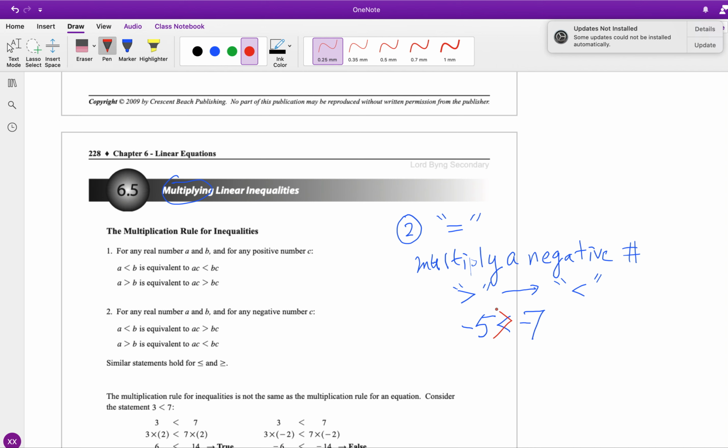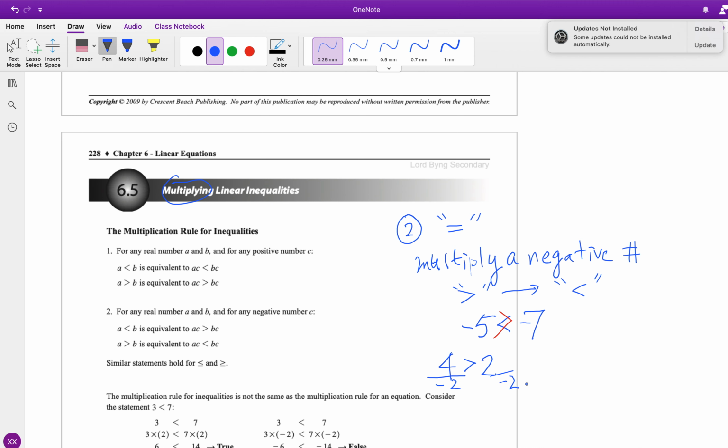Okay, so let's try another one. Say 4 is larger than 2. Is that correct? Of course. Even kids as young as 5 years old will know this. But then how about we divide by -2 on both sides?